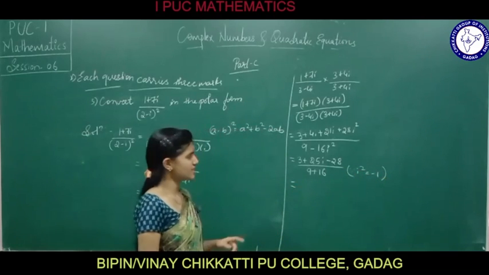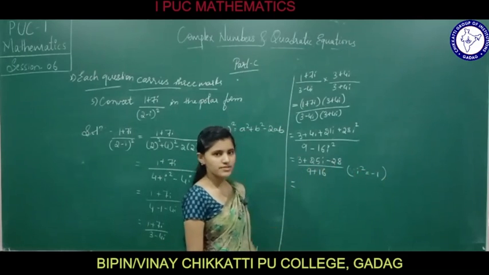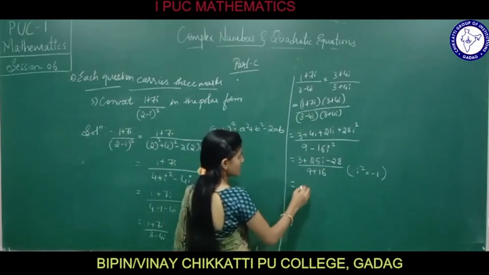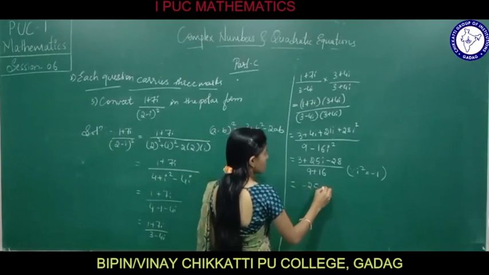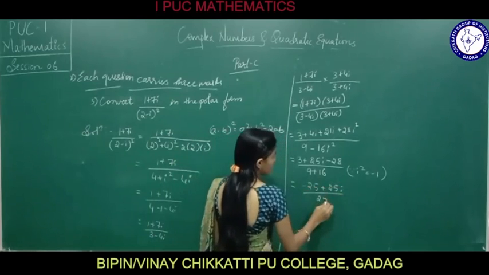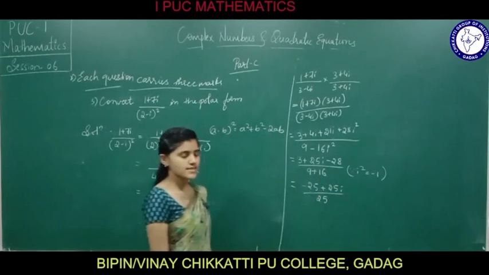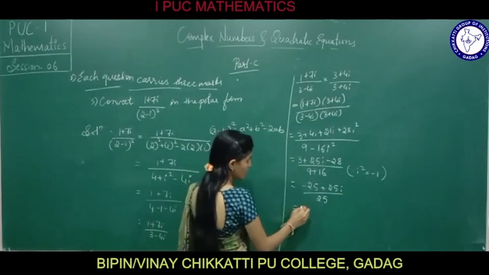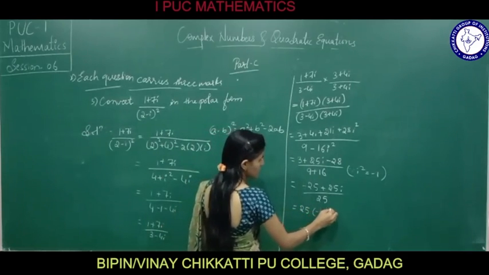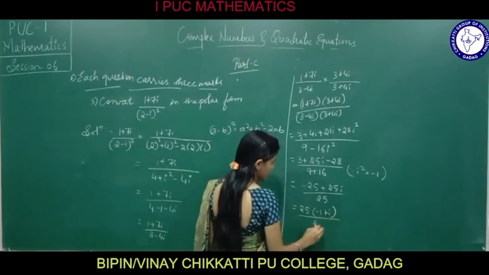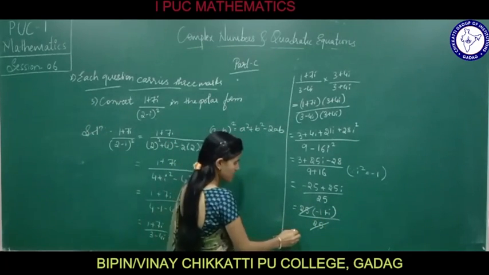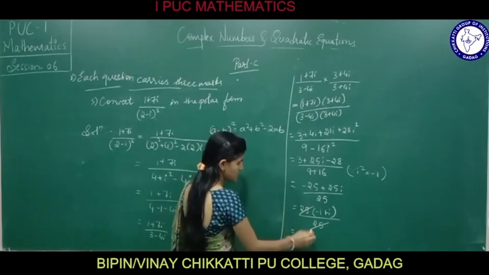I am going to get 3 minus 28, which is minus 25, so minus 25 plus 25i divided by 9 plus 16 is 25. Now I will take out 25 as common. I am left with minus 1 plus i divided by 25. 25 and 25 get cancelled. I am left with minus 1 plus i.